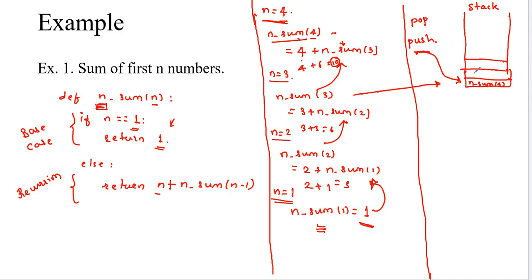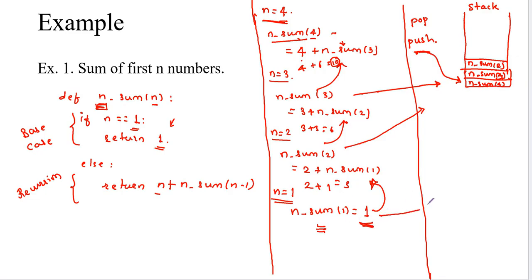So that will go over n sum of 4. So I will be writing here n sum of 3 over n sum of 4. And now here again I didn't get the answer, so I will write n sum of 2 over n sum of 3. So now we got here as an answer.